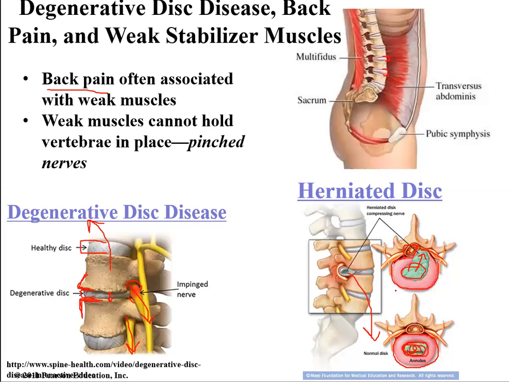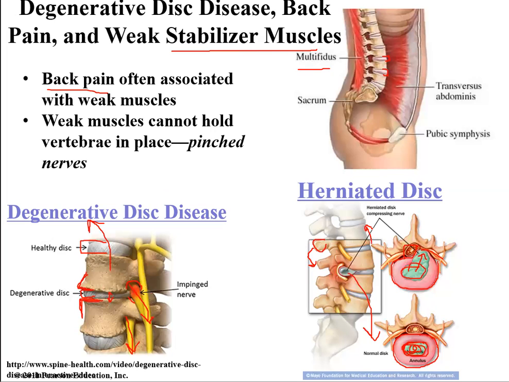For both of these conditions, of course, there are a variety of treatments, but I bring this up here because your stabilizer muscles, your multifidus muscles, your erector spinae muscles actually have the ability to essentially pull this spinous process down, which essentially pulls the body up.